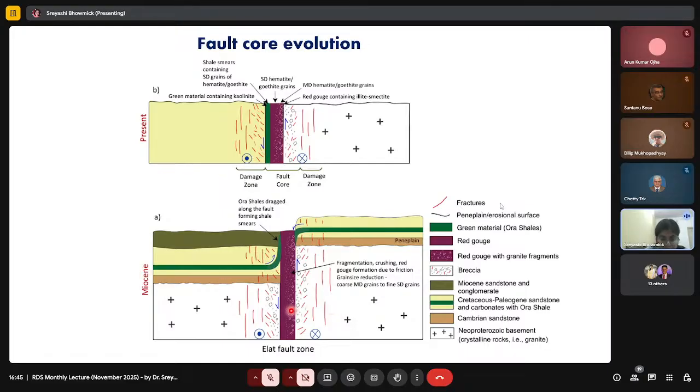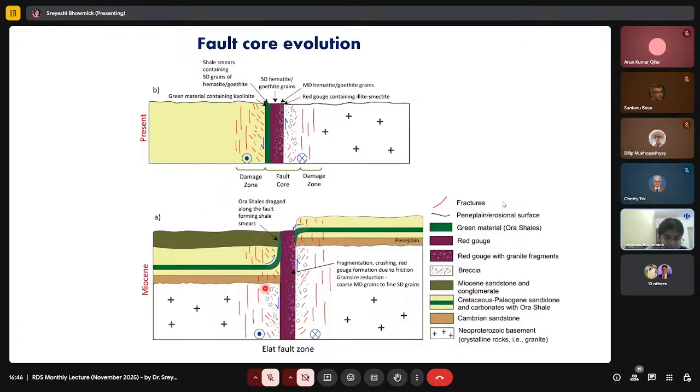So we say that the red gouge is formed during the Miocene faulting, due to the fragmentation, crushing, and grain size reduction of the granite. So we see a grain size reduction from coarse multi-domain grains in the granite to fine SD grains in the red gouge. As the fault propagation continued, it encountered the overlying younger carbonates.